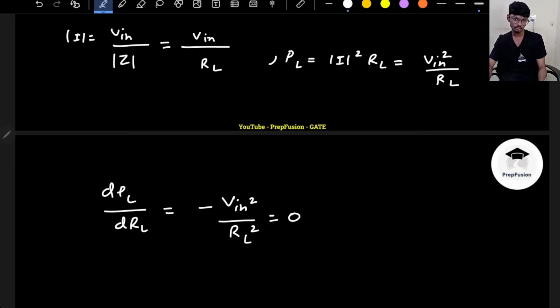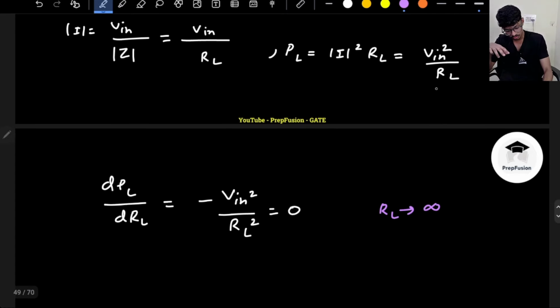So when will this go to 0? At RL tending to infinity. So basically this does not have any maxima or minima. Why no maxima? Because RL equals infinity is not a valid solution.